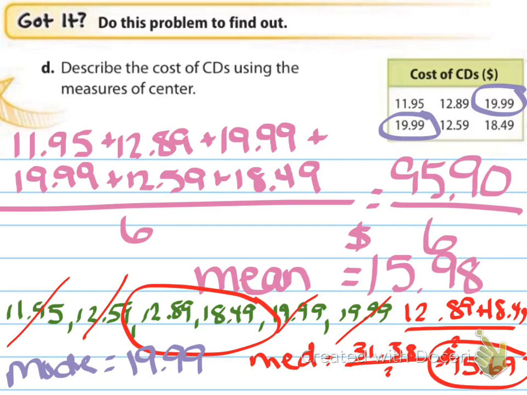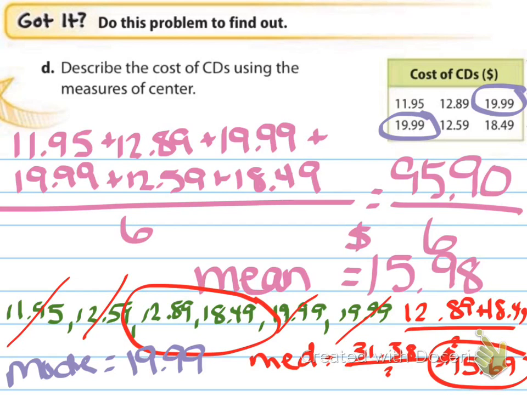No, I'm not. It's the most I spent on all the CDs. But saying that $15.98 or $15.69, because they're only like 29 cents different, that's a good indicator of the measure of center, because you know, okay, I've got $11 CDs and I've got almost $20 CDs. So the middle of those two, a good number would be that $15.69.